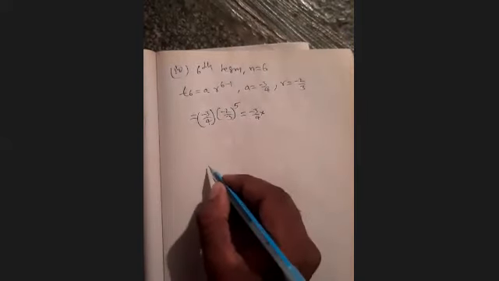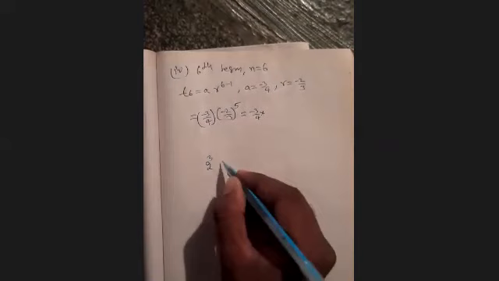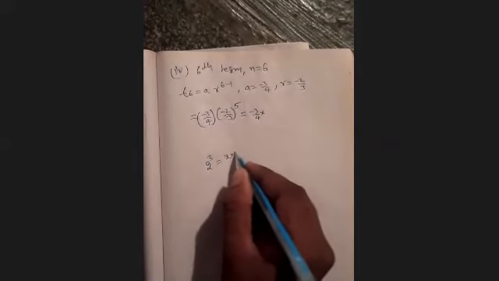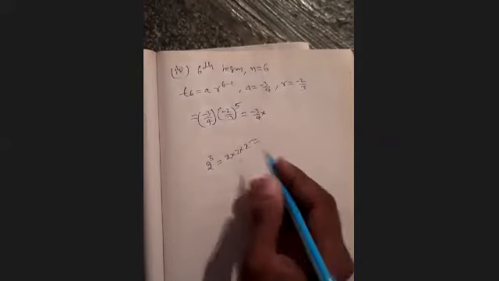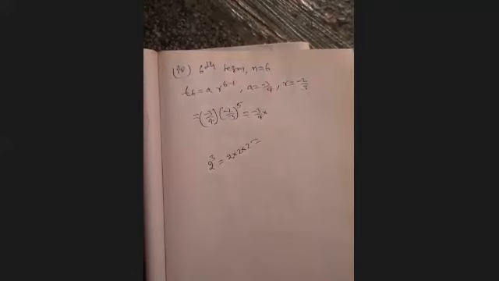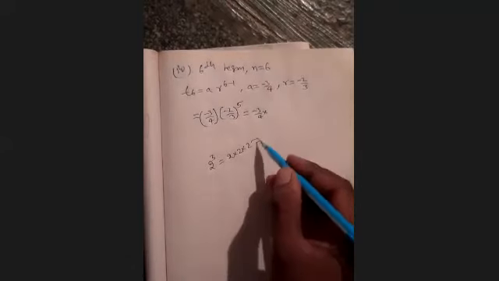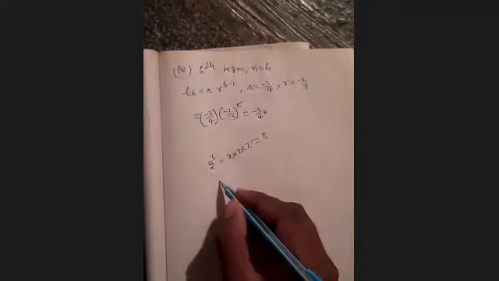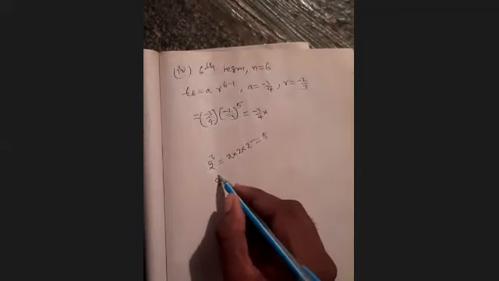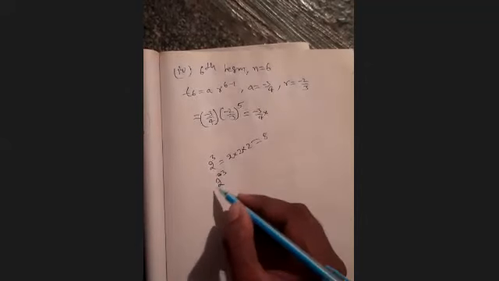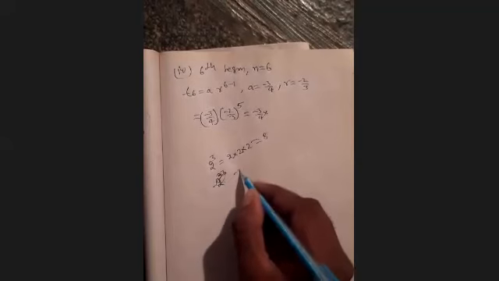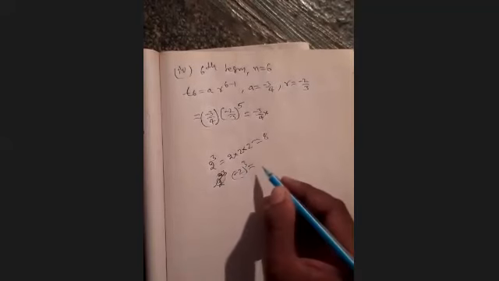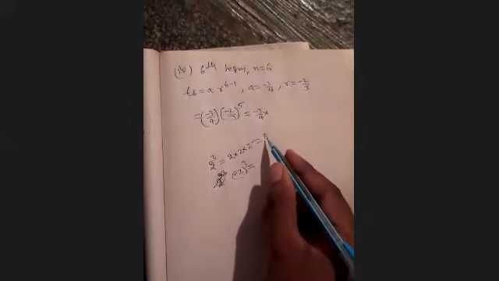Suppose 2 power 3 is what? 2 into 2 into 2 is 8. If you have -2 power 3, what is the answer? Not 8, you will get -8.